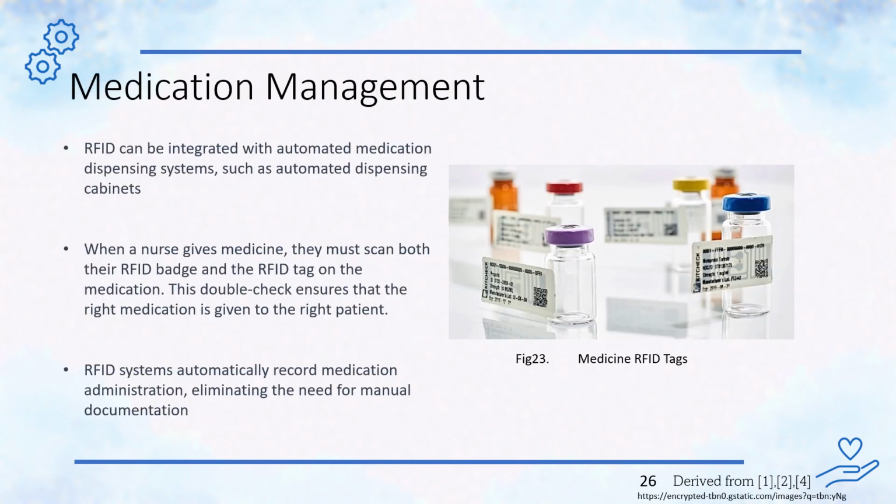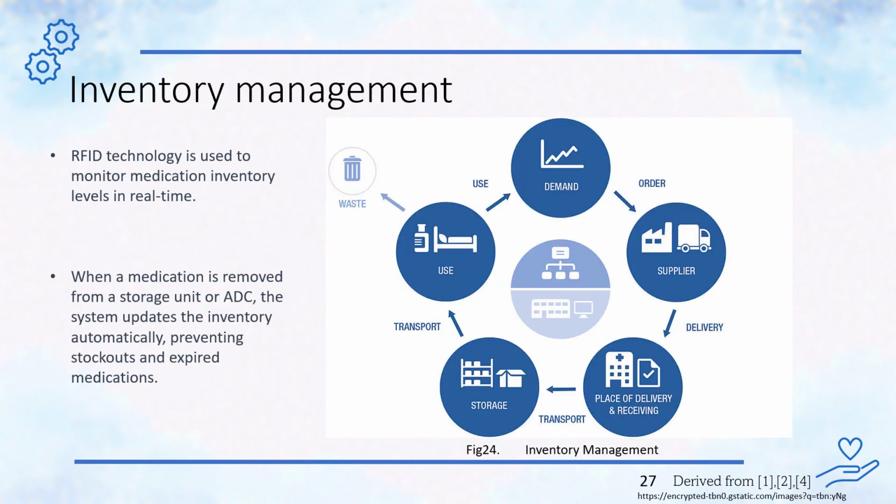So medication management is really important in a hospital since medicines are to be provided at the right time to the right person. So double checking without the wastage of time could be ensured with the use of a medication management RFID system. Inventory management.